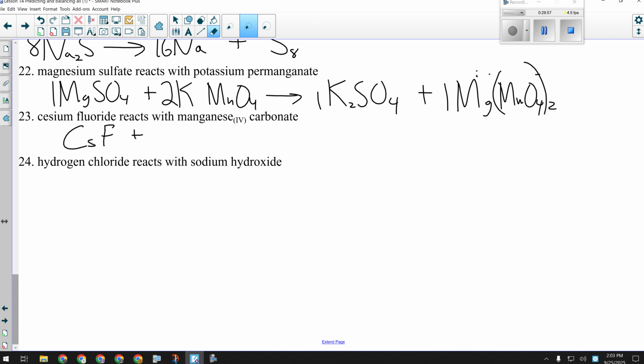And it's with manganese 4 carbonate, so Mn with a 4+, and carbonate with a 2-. When I drop and swap, I'm going to get 2 and 4. Do I leave it that way? What do I take it down to? 1 and 2. Is that an exception that could appear on tomorrow's quiz? Yes. All right, so I'm going to have that.